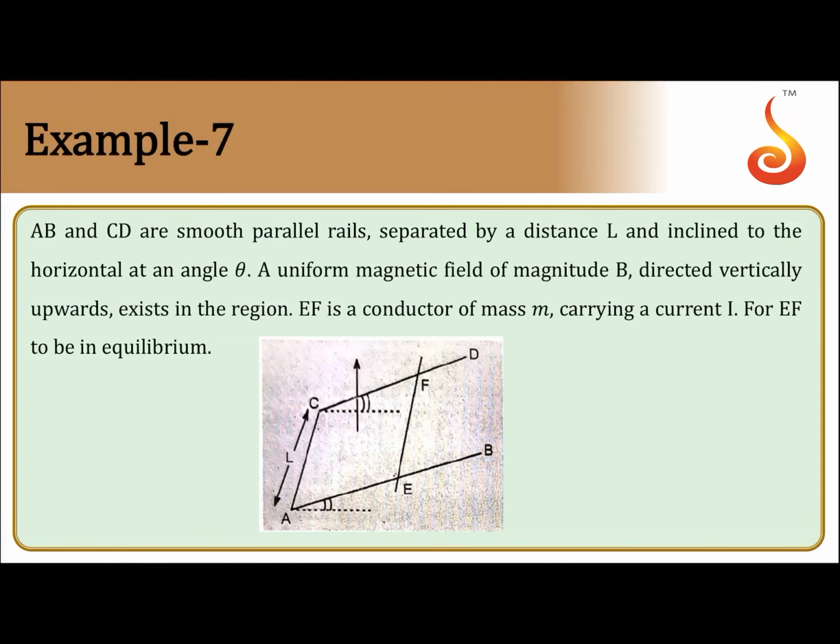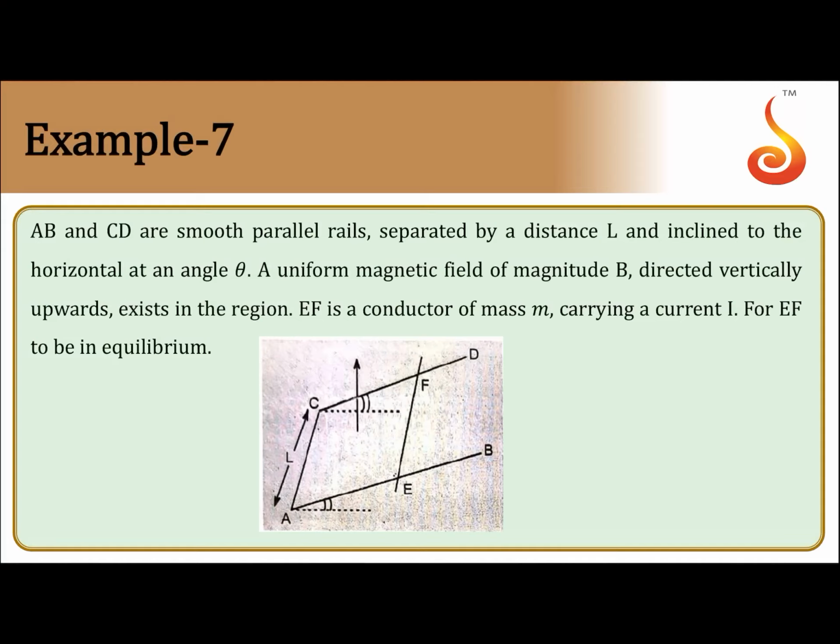So now coming to this question. AB and CD are smooth parallel rails separated by a distance L and inclined to the horizontal at an angle theta. A uniform magnetic field B of magnitude B directed vertically upwards exists in the region.